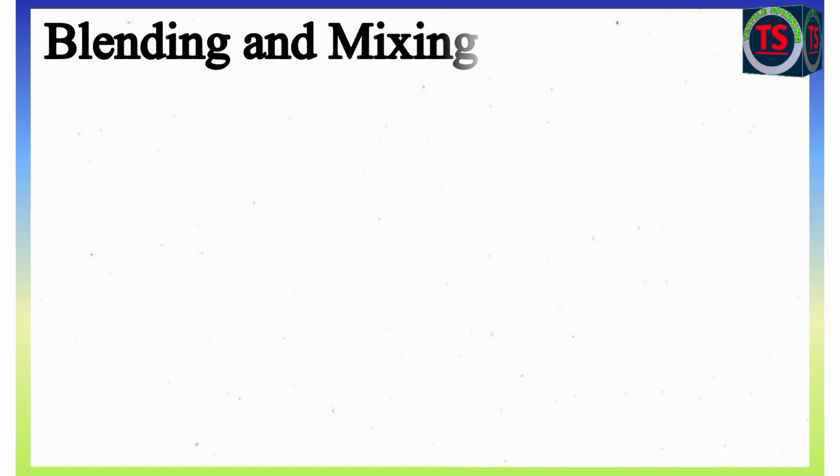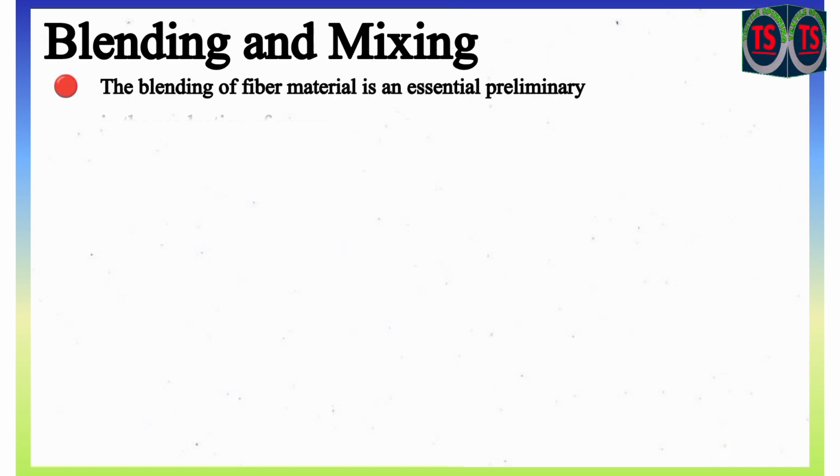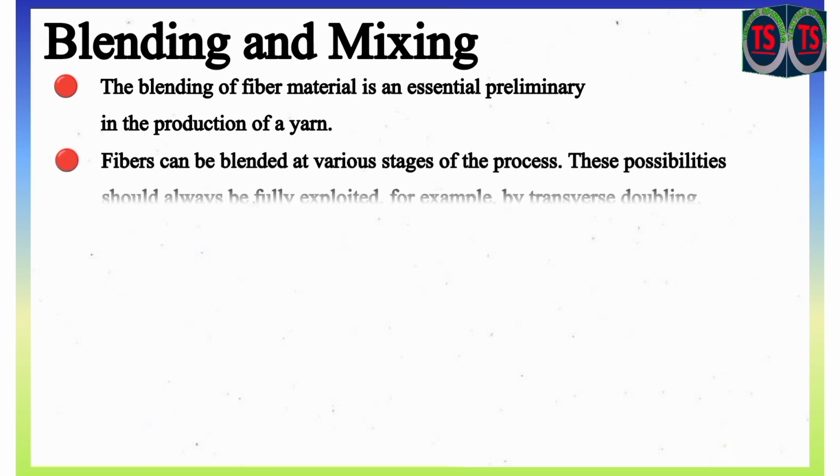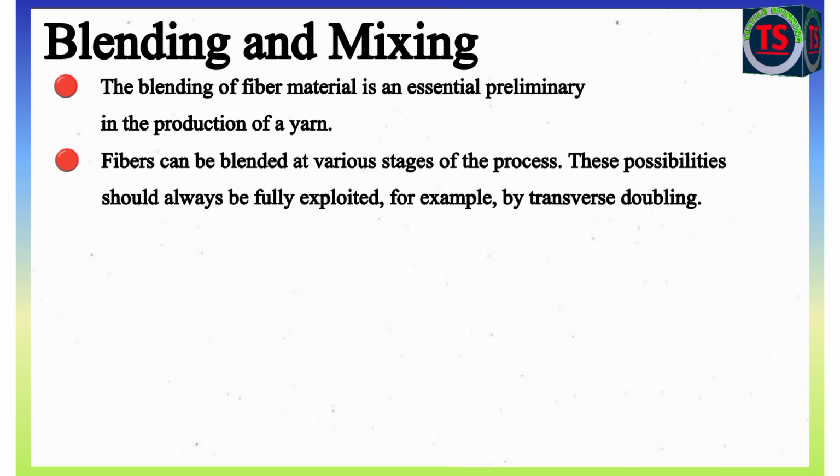Blending and mixing. The blending of fiber material is an essential preliminary in the production of a yarn. Fibers can be blended at various stages of the process. These possibilities should always be fully exploited.